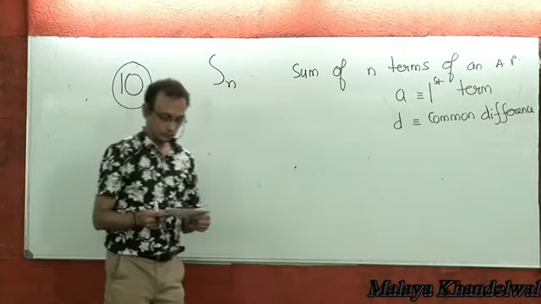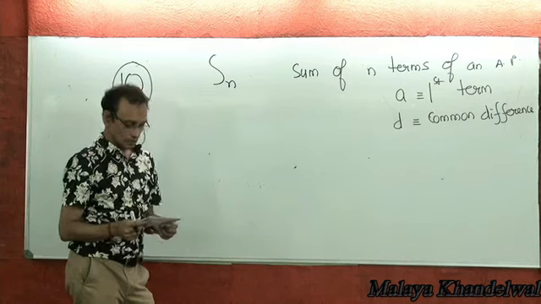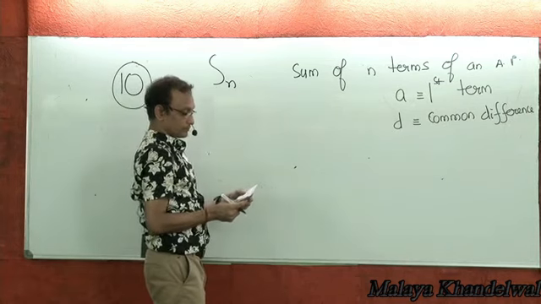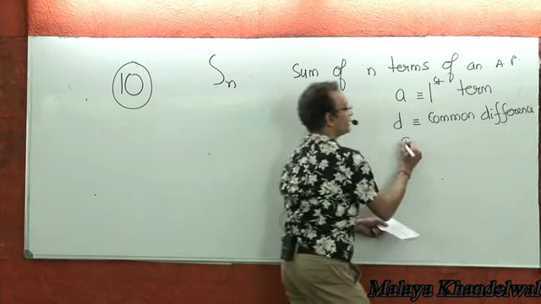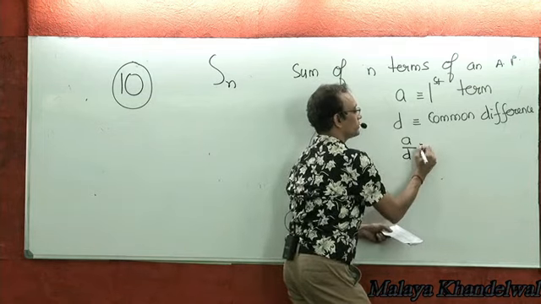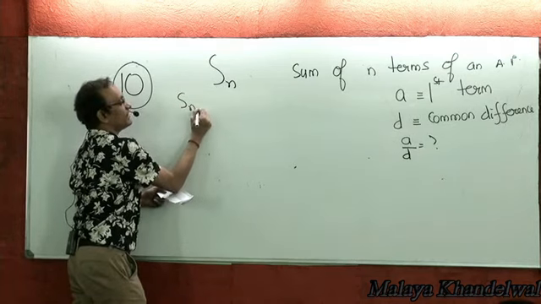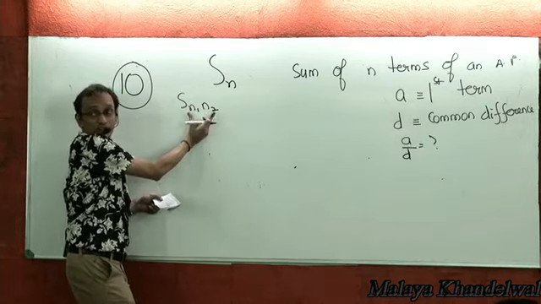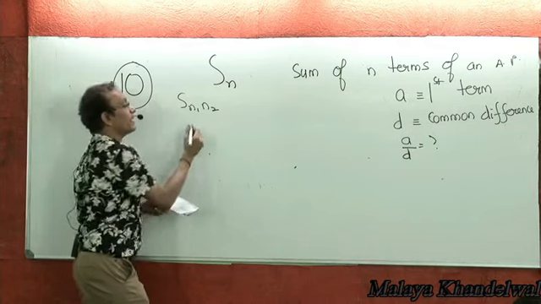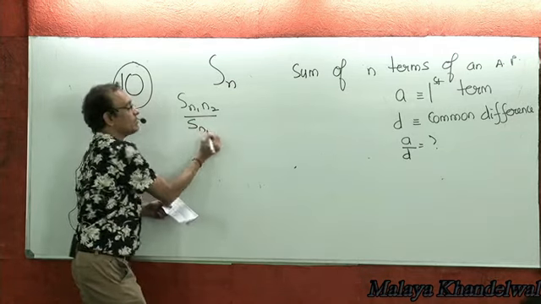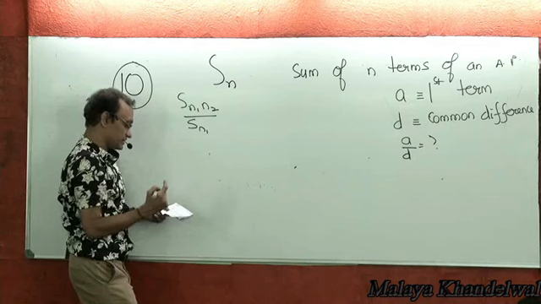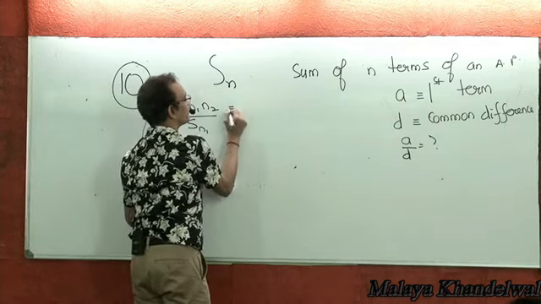Clear? We want to find A by D, ratio of first term to common difference. Given that sum of n1 and 2 terms divided by sum of n1 terms is independent of n1.